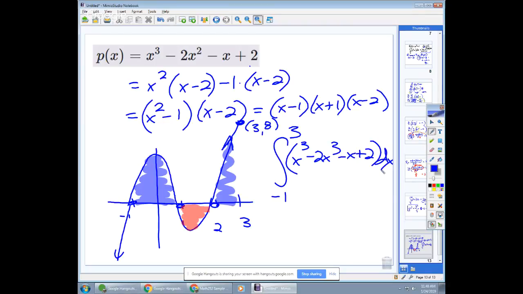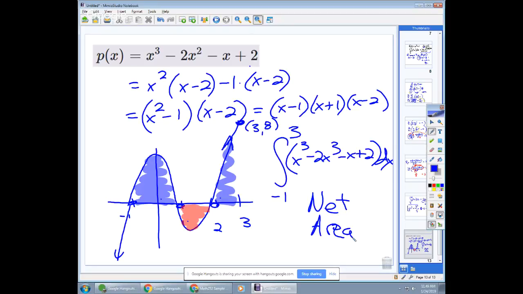Yes, some stuff is going to cancel. Whatever's here is going to cancel with some of that positive stuff. Whenever you just integrate and don't worry about positive and negative areas, is that called net area or total area? Net. If you just integrate without thinking about positive and negative areas, that's called net area.